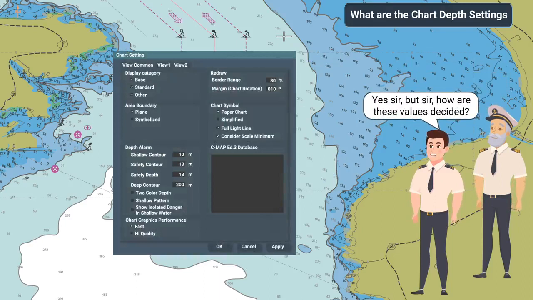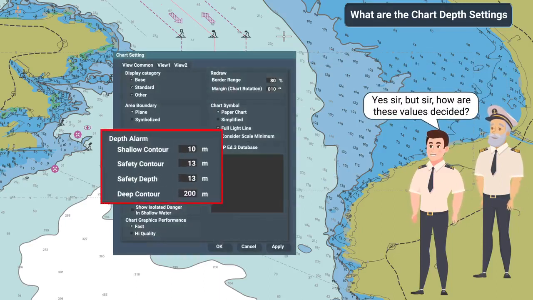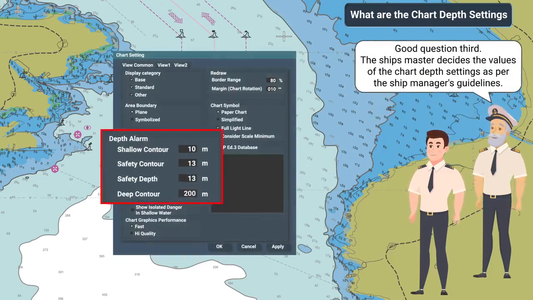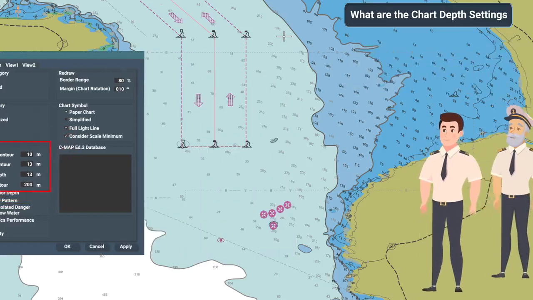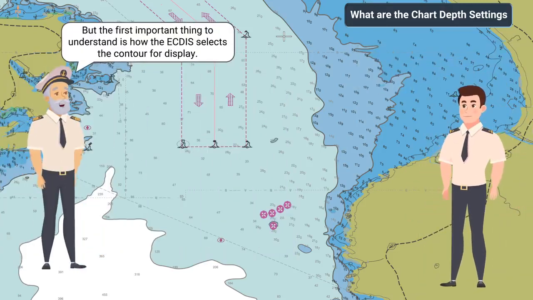Yes, sir. But, sir, how are these values decided? Good question, third. The ship's master decides the values of the chart depth settings as per the ship manager's guidelines. But the first important thing to understand is how the ECDIS selects the contour for display.